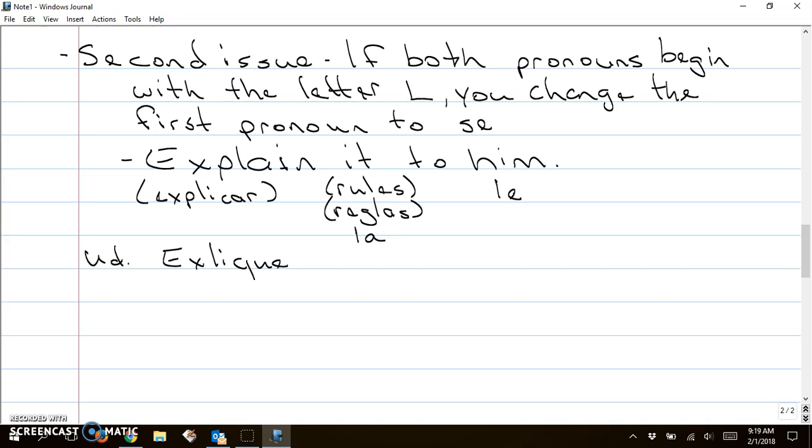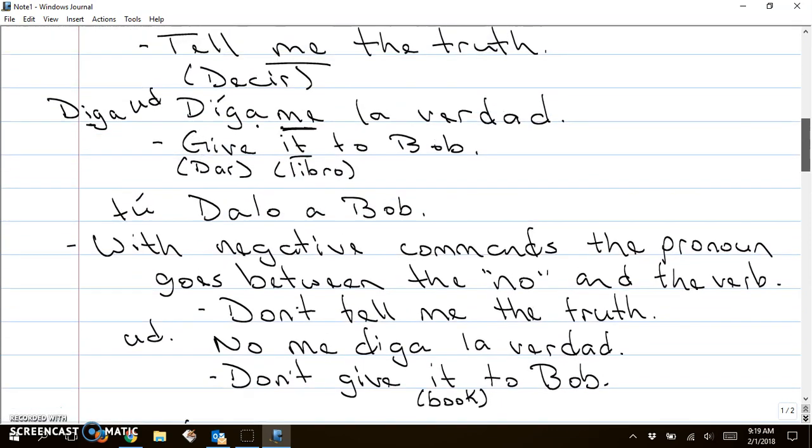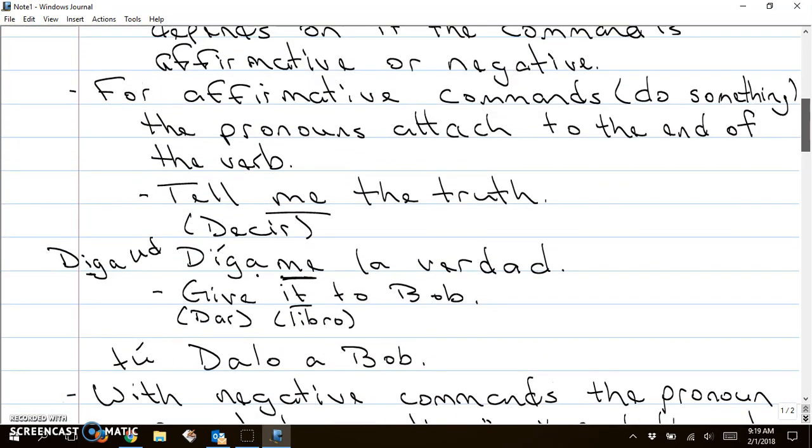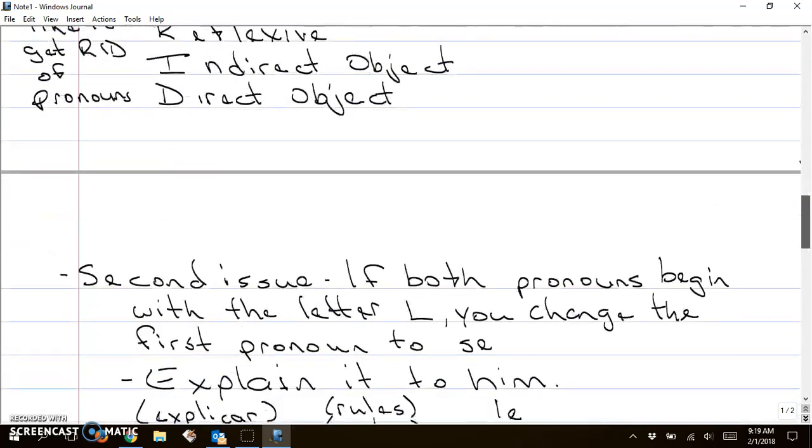Explique. Now, we got to kind of look back up here. It's an affirmative command, so they're going to attach.